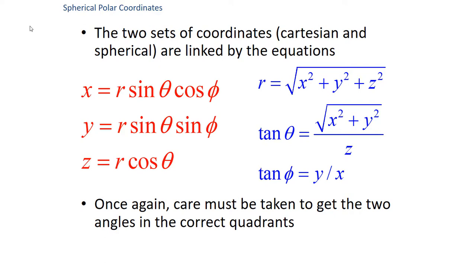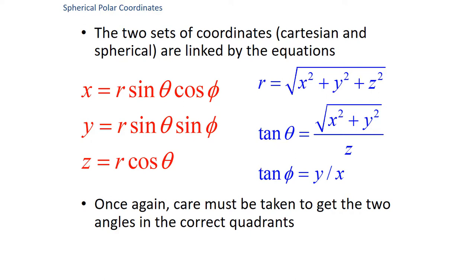And of course, you'd expect theta to be between 0 and pi over 2, that is in the first quadrant, if z is positive. Similarly, if z is negative, tan theta will be negative. The inverse tan of that will give you something in the fourth quadrant, and you'd need to add pi to get it into the second quadrant.